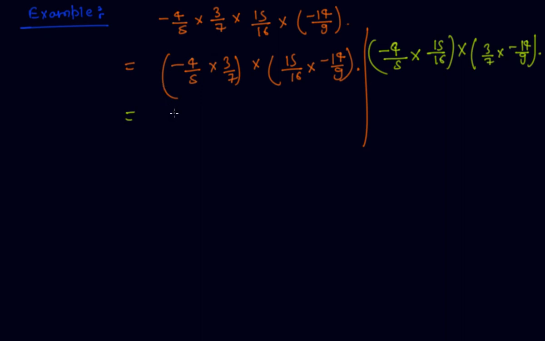Now I solve in the first form. If I take these two, minus 4 into 3 is minus 12, 5 sevens are 35, and 15 into, if I multiply this, it is minus 210 upon 144.